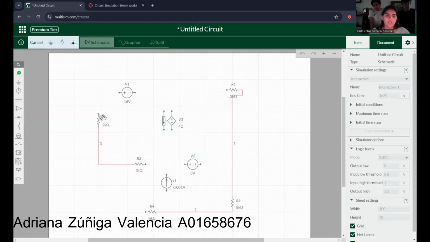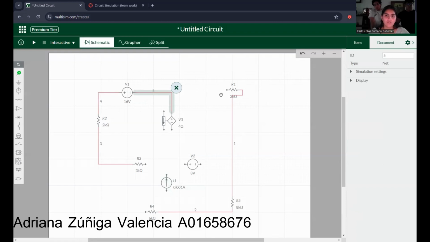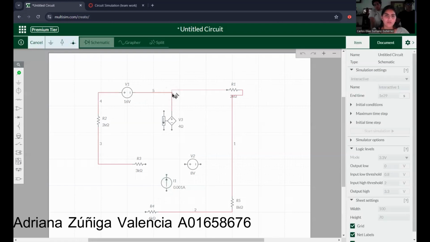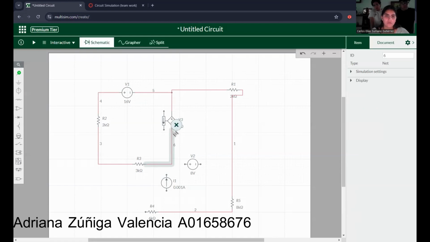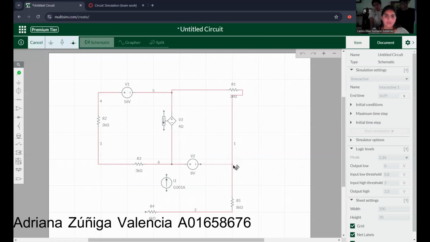Finally, we have to connect the whole system. We will have a node from here to here, and we connect here to this point. We connect here to here, and here to here. Here to this point, and this one to this point.